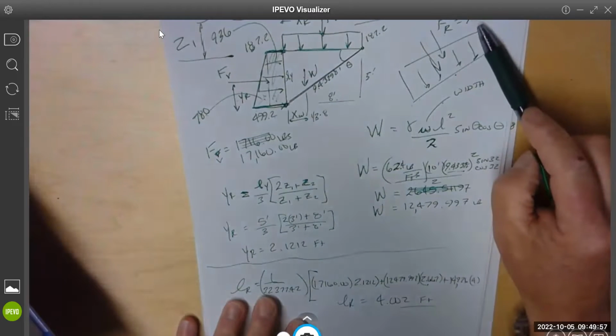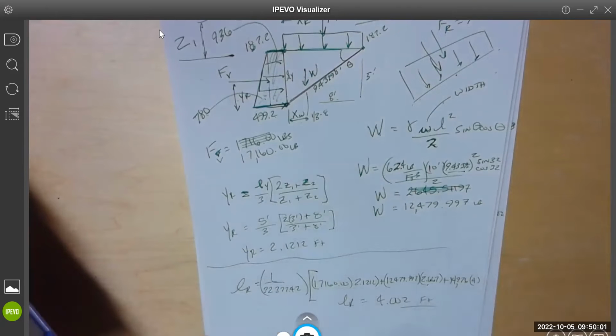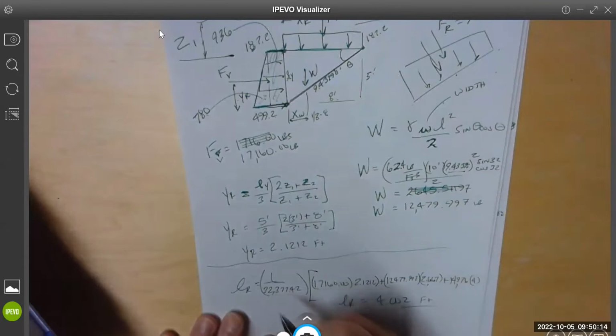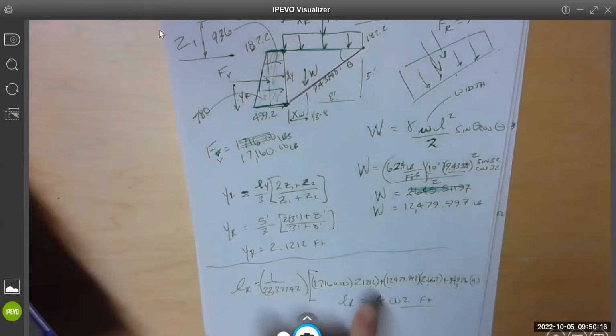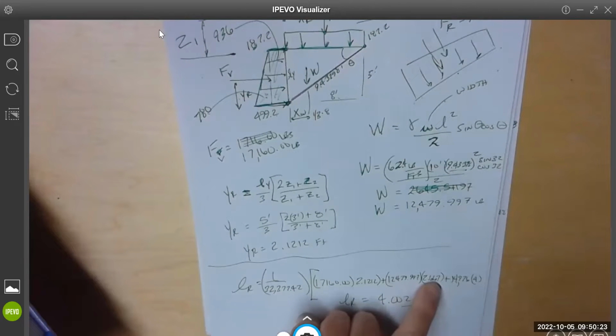That load, 32,000, applied 4.002 feet up. What did you do wrong? I divided 1 by 32,000, and then 17,000 times 2, 12,479 times 2.667, and then 14,976 times 4.